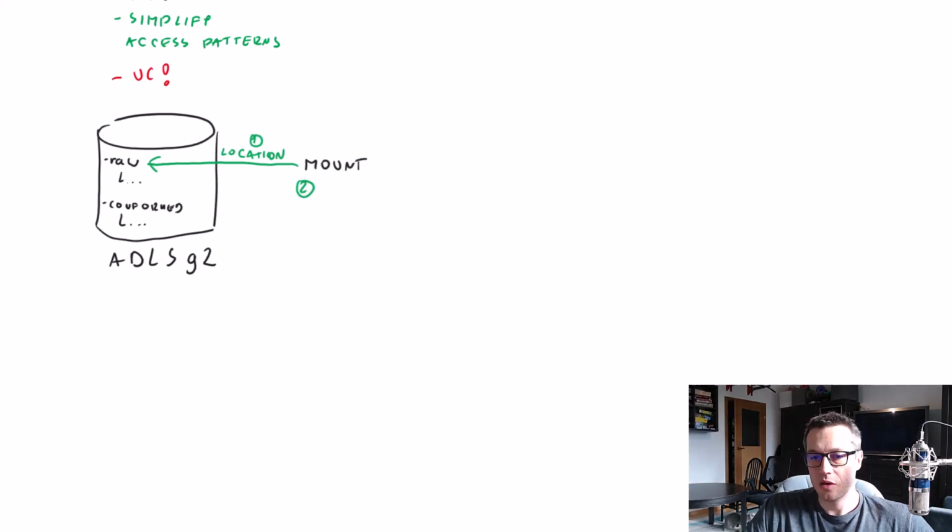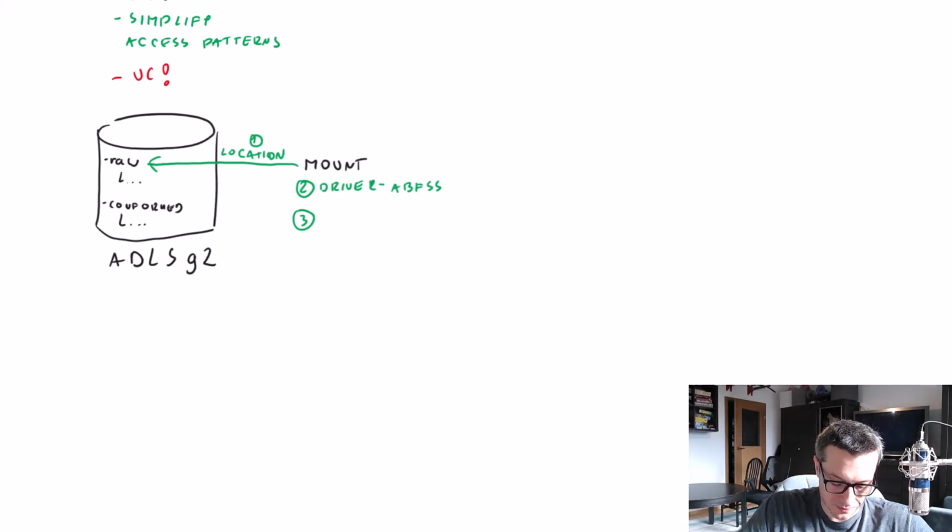Secondly, we'll have to indicate which driver, which protocol we want to use to connect to our data lake. And in this case, we'll use ABFS. And finally, what we want to define inside our mount point are credentials.